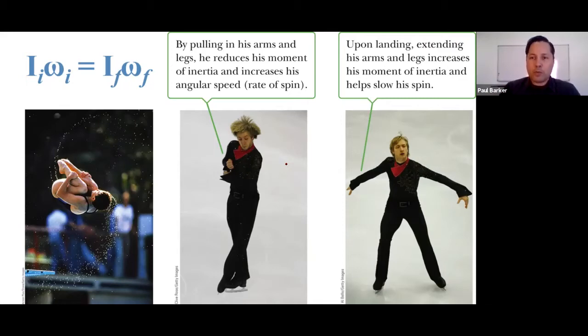And as they move their arms out, they're going to slow down their angular speed. Going back to the diver, as the diver comes out of the tuck position and moves their mass further out from the center of rotation, they're going to slow down their rotation and hopefully go into the water fully vertical.